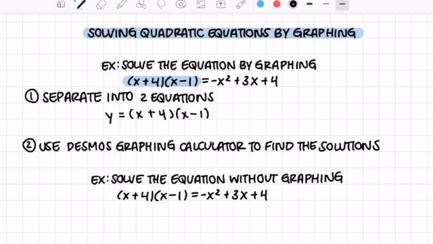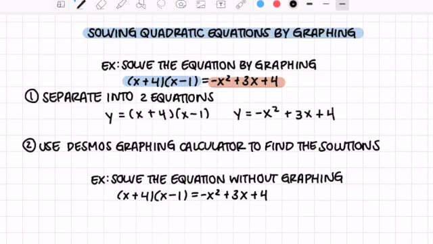The other one that I'm going to be separating is the negative x squared plus 3x plus 4. So we have here y equaling negative x to the power 2 plus 3x plus 4.